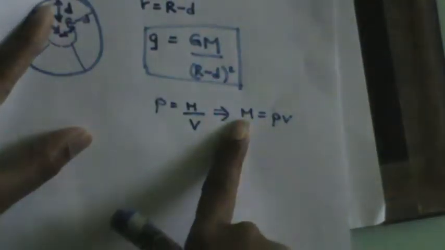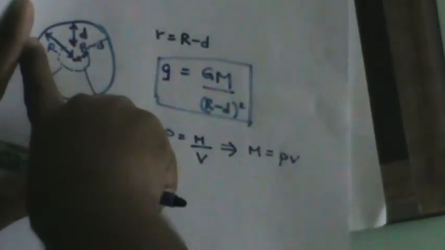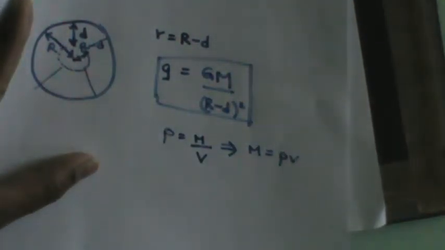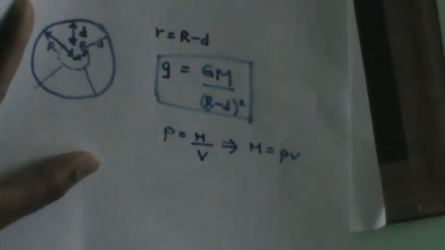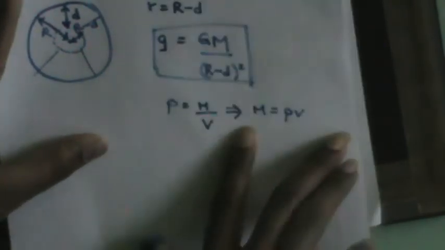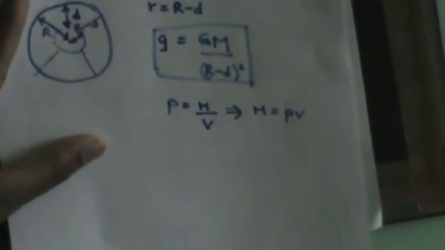So the value of m is not the mass of the large object, but the mass of the small object. So what we have to find is the mass of the small object.